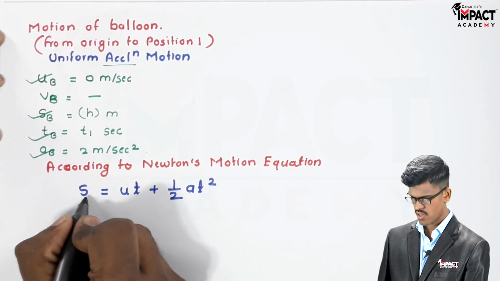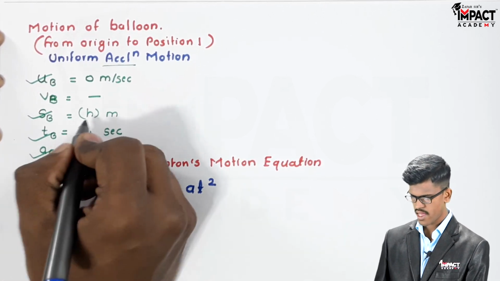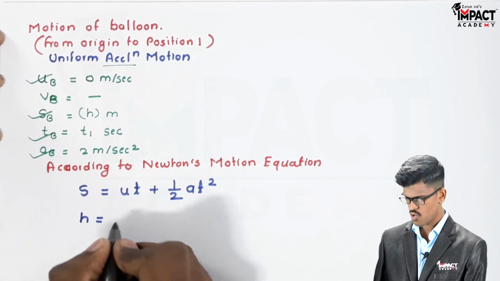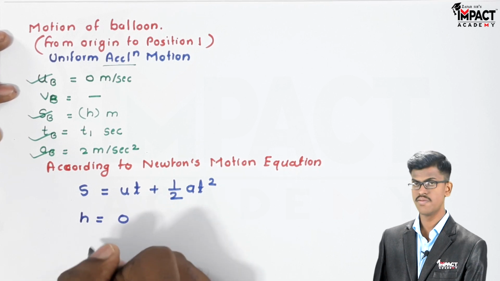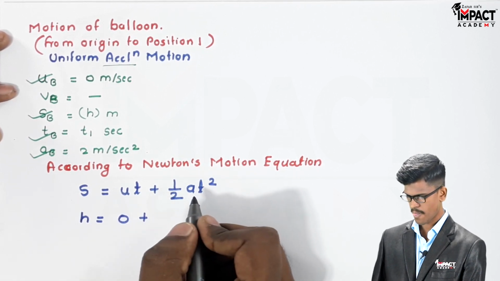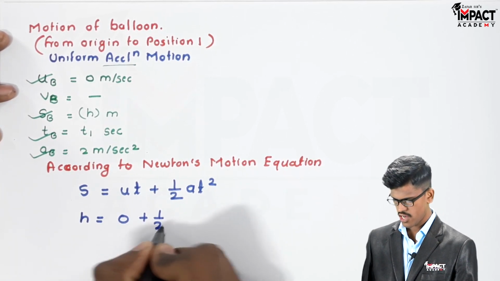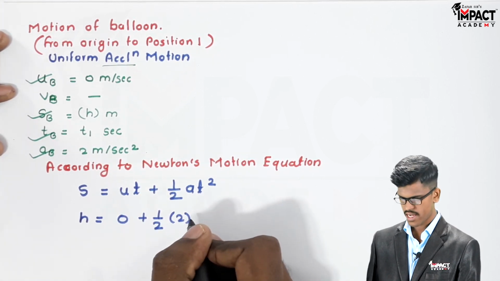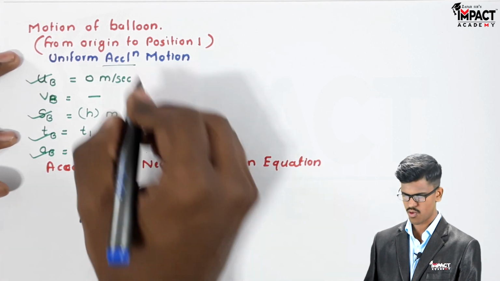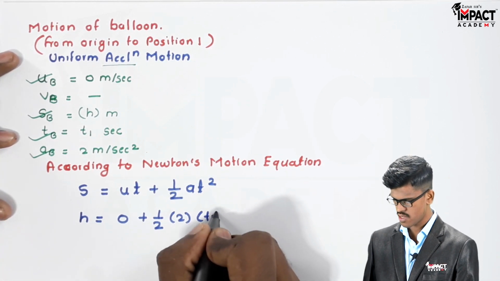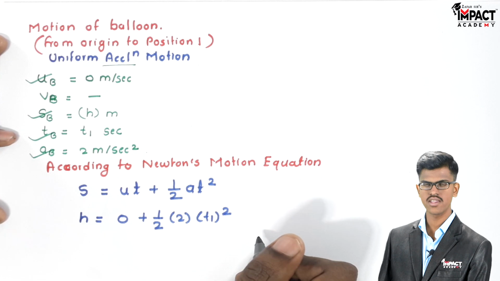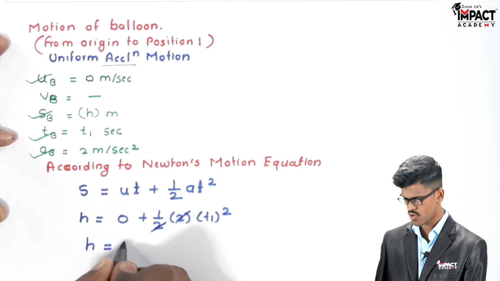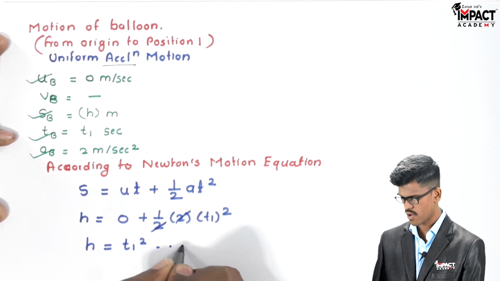Okay, so here S is h, the initial velocity of the balloon is 0, half into the acceleration of the balloon, which is 2 meter per second square, and the time required for the balloon to reach position 1 is t1 seconds. So we get the first equation, h is equal to t1 square, equation number 1.